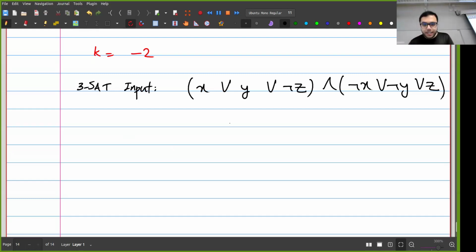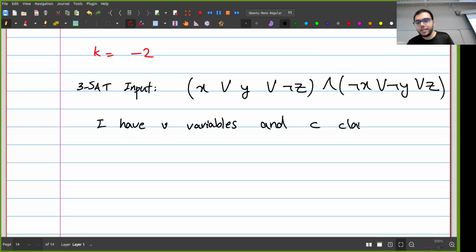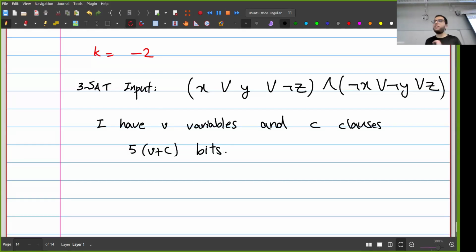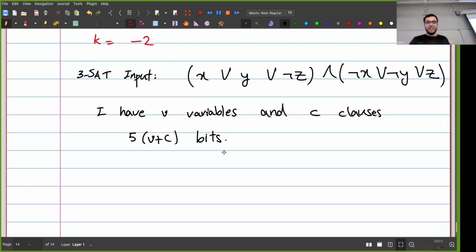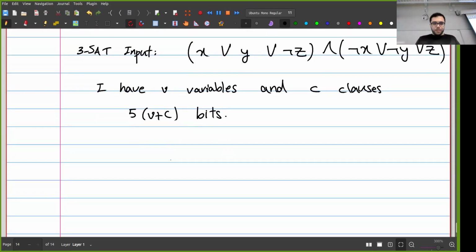So again, let's say that I have V variables and C clauses. I'm going to create numbers that have 5 times (V plus C) bits. So every one of my numbers is going to have 5 bits for every variable and 5 bits for every clause. These are huge numbers.